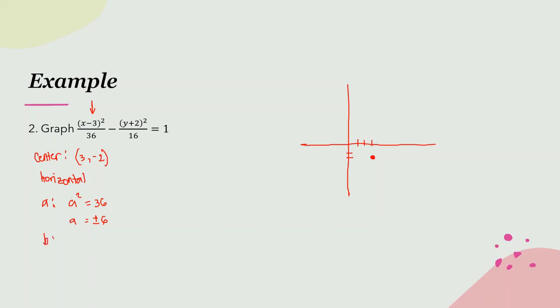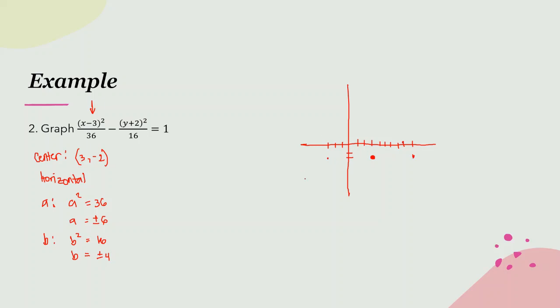And for the b, we have b squared is equivalent to 16, and the square root of 16 is equivalent to positive and negative 4. So we'll be counting again 6 units left and right. We have 1, 2, 3, 4, 5, 6. So this one is the endpoint. 1, 2, 3, 4, 5, 6. This is the other end, or the vertex of our hyperbola.